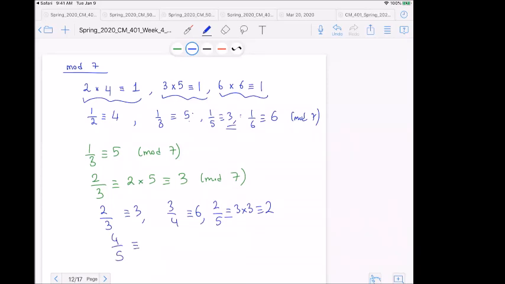It is going to be equivalent to 5 in mod 7. Yes, this is like an inverse mod.